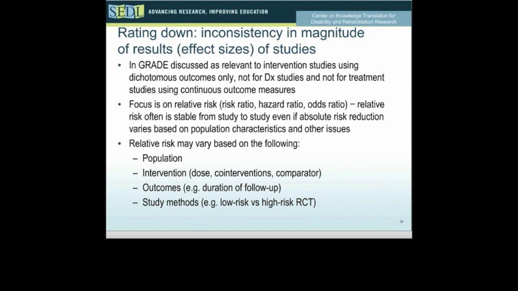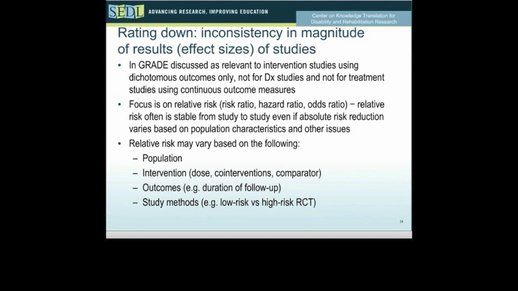As of now, in GRADE, imprecision issues only have been discussed with respect to dichotomous outcomes. Cured, not cured. Being able to live independently, not being able to live independently. And not for either diagnostic studies or for treatment studies that use continuous outcome measures.